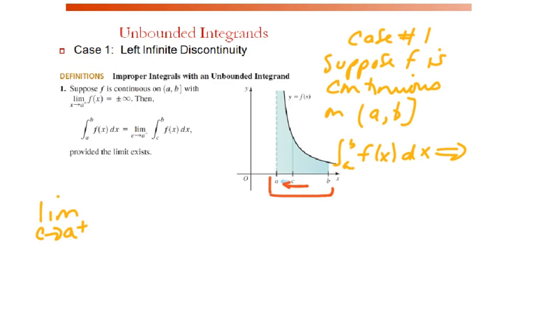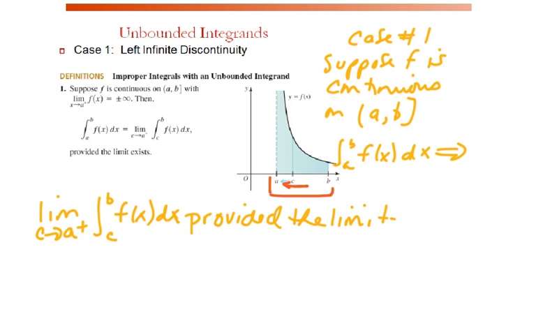Okay, so we're going to rewrite this as the limit as c approaches a from the right hand side, and then I'm going to replace the discontinuous point, which is a, with c, and then evaluate the limit of the integral. We'll take the antiderivative, and then we'll take the limit of the result. And again, provided the limit exists, and if it exists, then it converges.